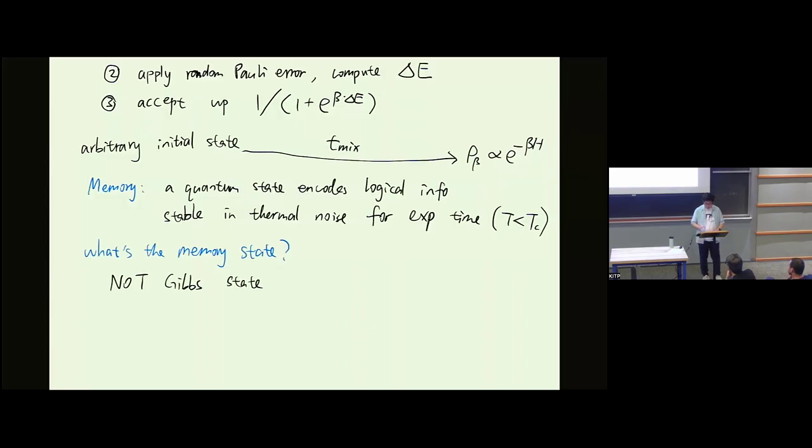But now we can see that it's actually very intuitive. Because the Gibbs state e to the minus beta H, if we think about the zero temperature limit, beta goes to infinity, then this is simply the maximally mixed ground state. So we can think about the Gibbs state at finite temperature as some kind of thermal perturbation of a maximally mixed ground state or a random ground state.